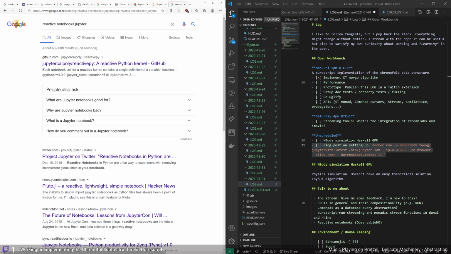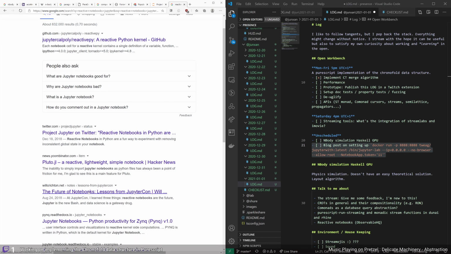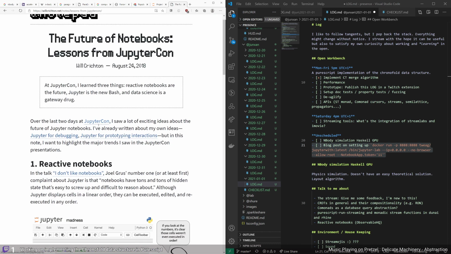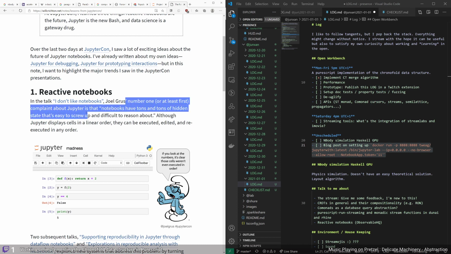And I think this came from a conference, the Future of Notebooks in 2018, and JupyterCon, and the number one complaint about Jupyter is that notebooks have tons and tons of hidden state that's easy to screw up and difficult to reason about.